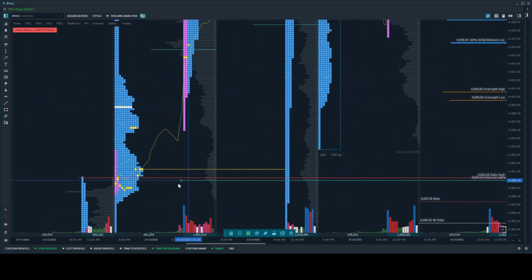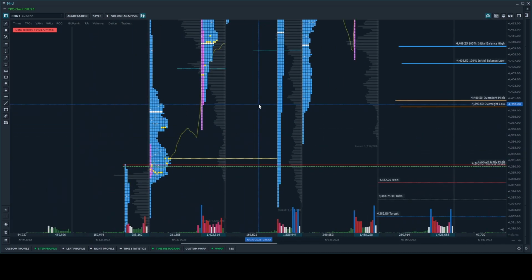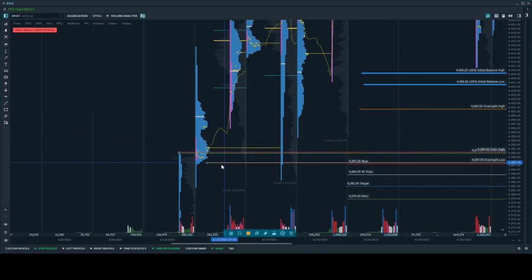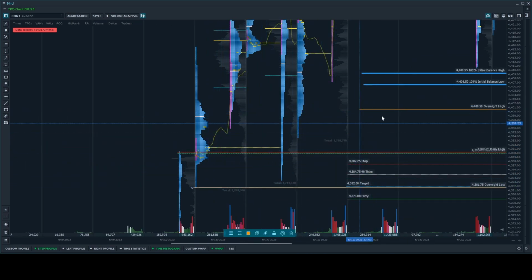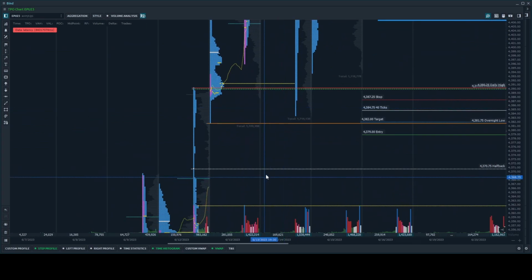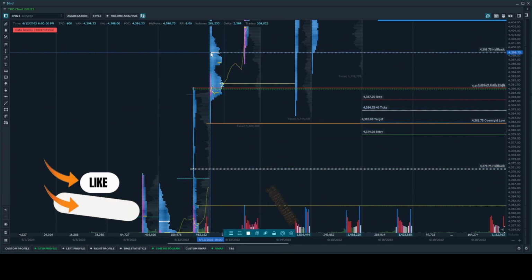You grab your settlement line, put it there. And then you grab your overnight low, which is printing right now, your overnight high. And then you can copy this and put in another half back here for you.